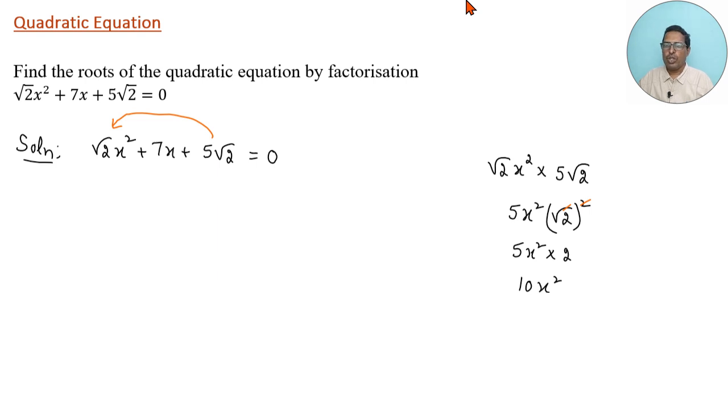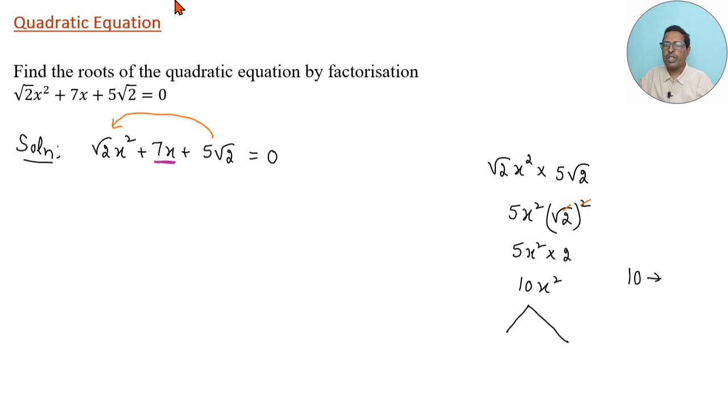Now you have to choose two values in such a way that if you multiply, you get this 10x square, and if you add, you get 7x. Let us try to choose two terms. So 10 is there. How can you write 10?